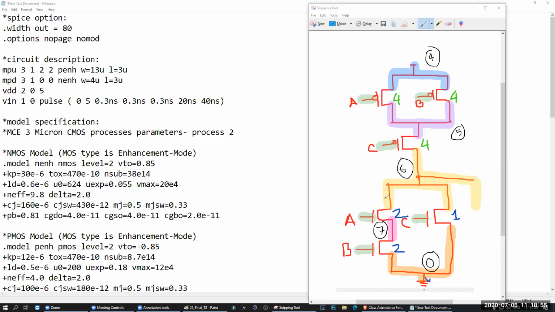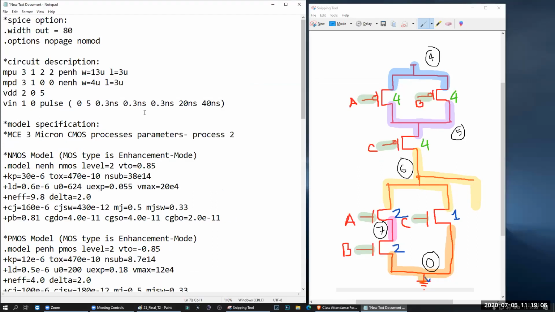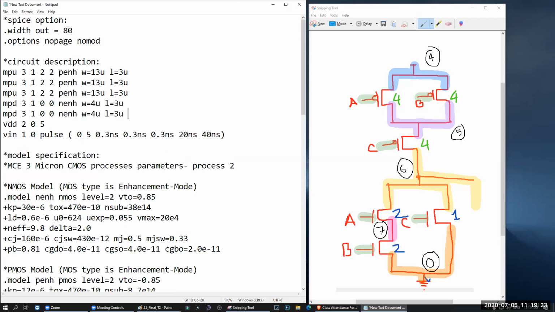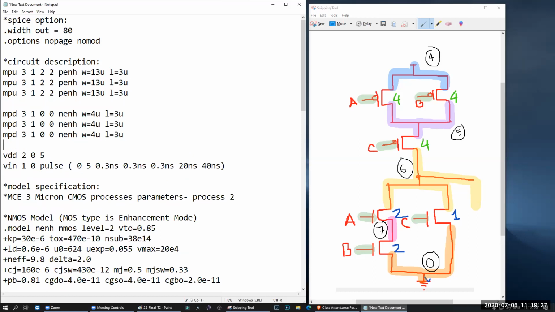Okay. So how to write the programming? See this one. How many MOSFETs do you have? 1, 2, 3, 4, 5, 6, right? I have 6 of them. So 3 PMOS and 3 NMOS.